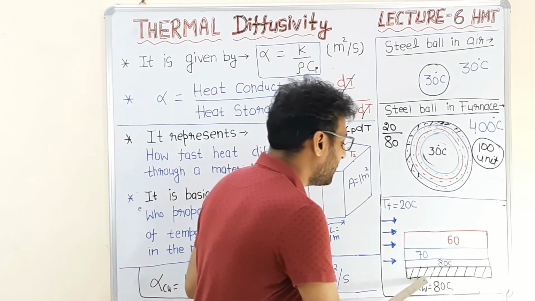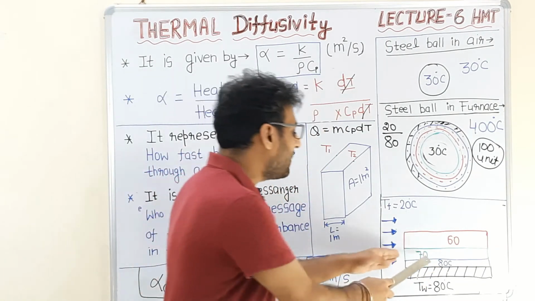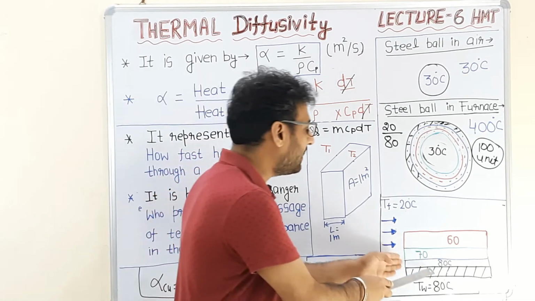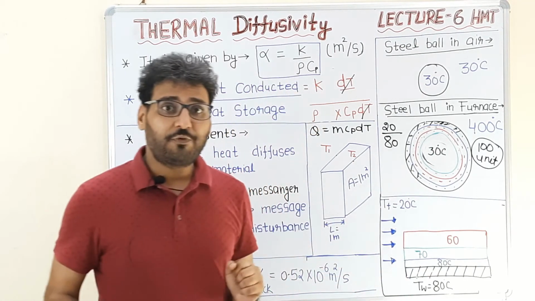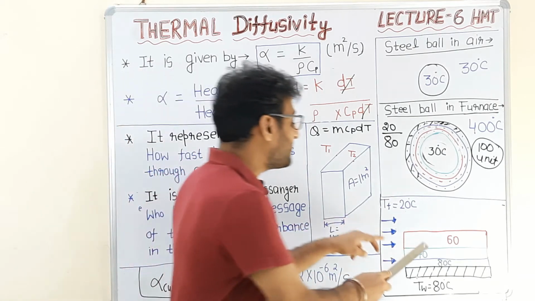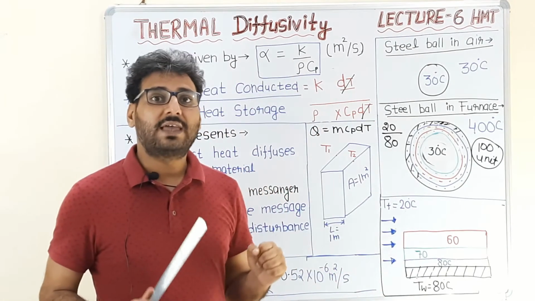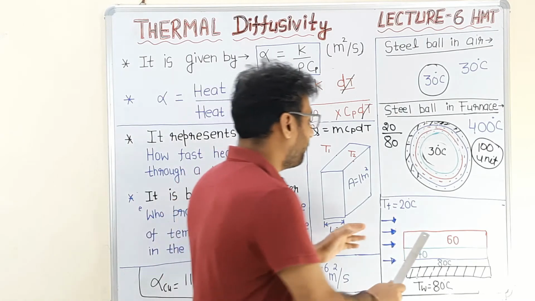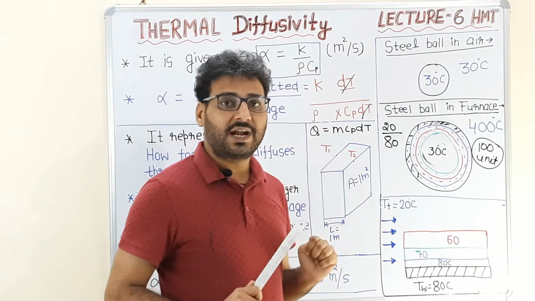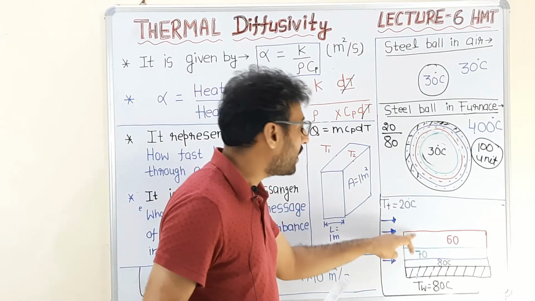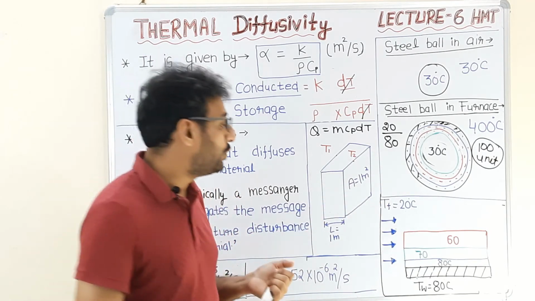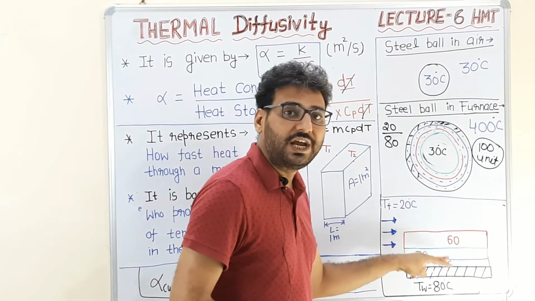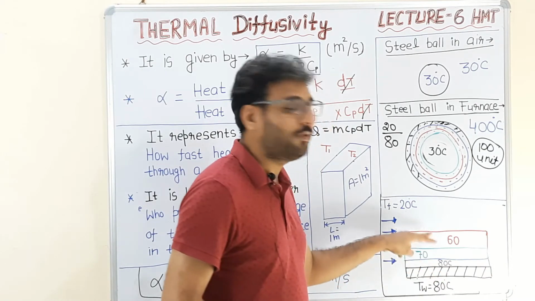This messenger within the fluid tells the further layers that there is a disturbance in the temperature of the fluid medium. If this messenger is very strong, then it will create a favorable temperature gradient, and the temperature of the further layers will increase by a larger amount due to the heat transfer from the plate to the fluid layer.